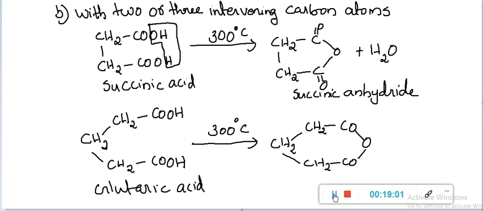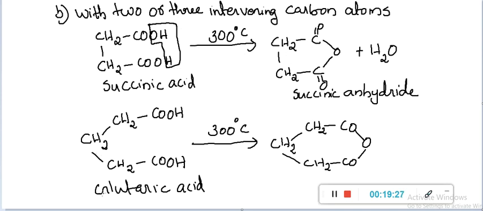For example, this is succinic acid, COOH, CH2, CH2, COOH. Here the number of intervening carbon atoms is 2. On heating, it will convert into succinic anhydride, with 1 mole of water getting eliminated.